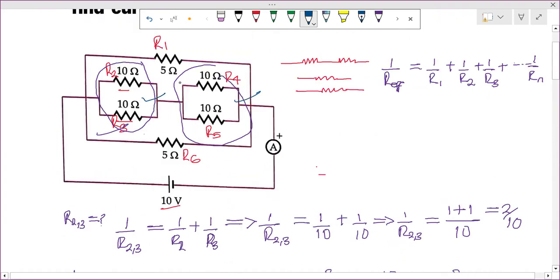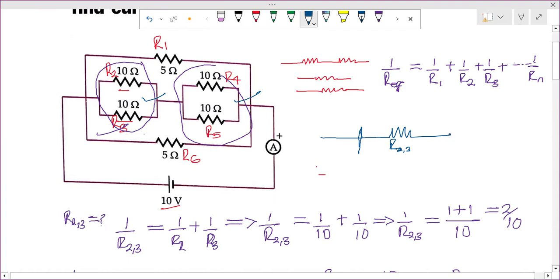I have gotten this. Now let me redraw the circuit here. Since I've combined this one to be single, our circuit now becomes something like this. So I have this here become my R2,3.